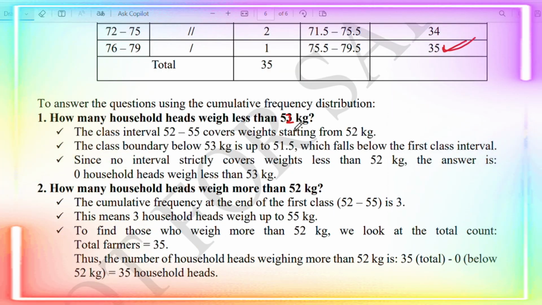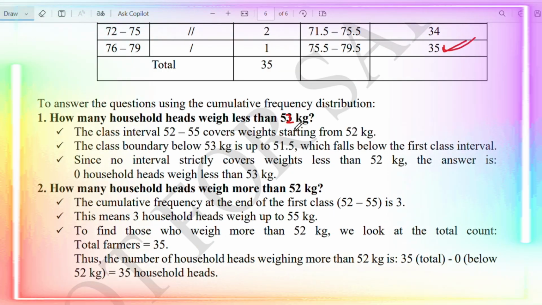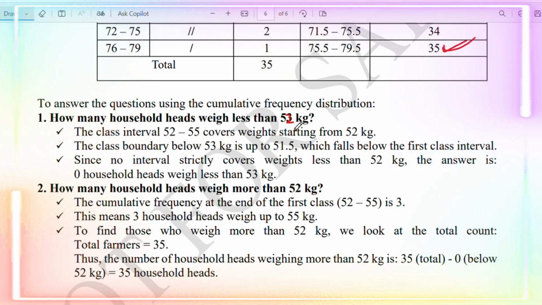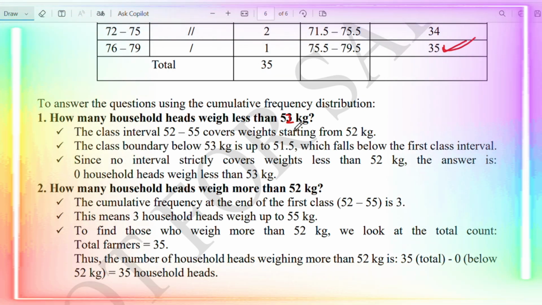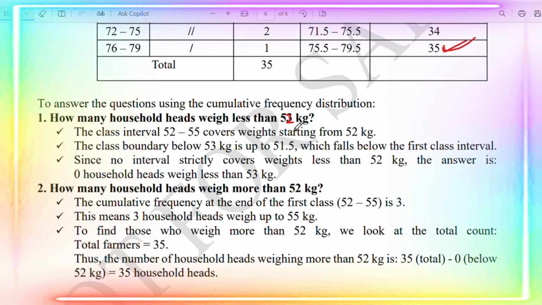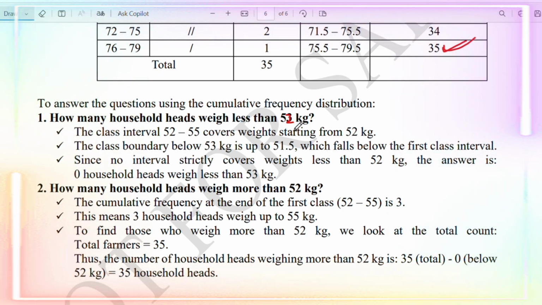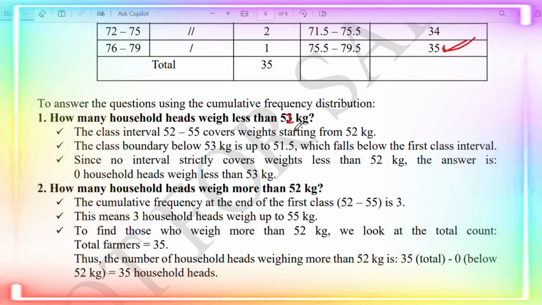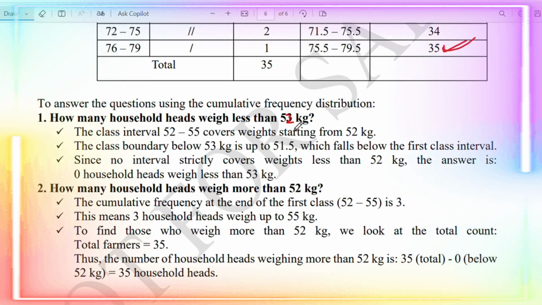So that is how many household heads weigh less than 52 kg. Since no interval strictly covers weight less than 52 kg, the answer is 0 household heads weigh less than 52 kg. So that is the answer for that one.